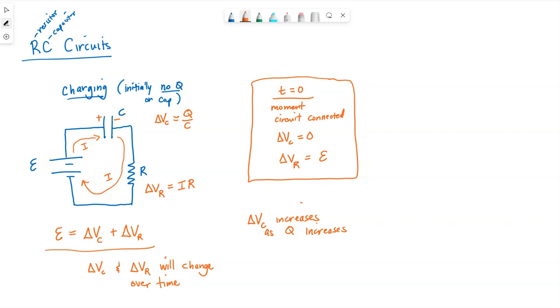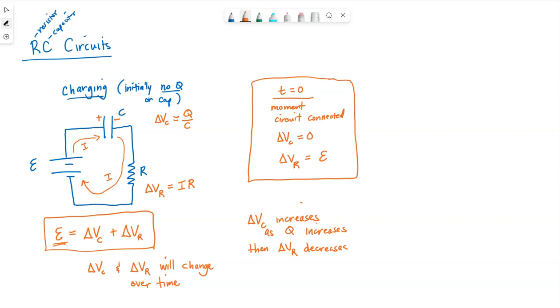But if delta V is increasing, then delta V for the resistor has to be decreasing. The battery voltage is fixed. The voltage from the battery is a constant value. We're assuming it to be ideal.